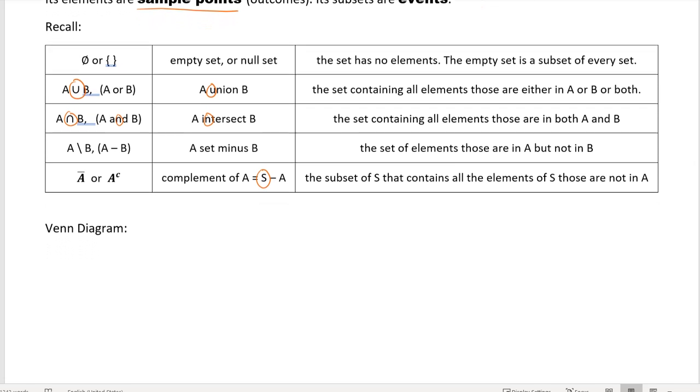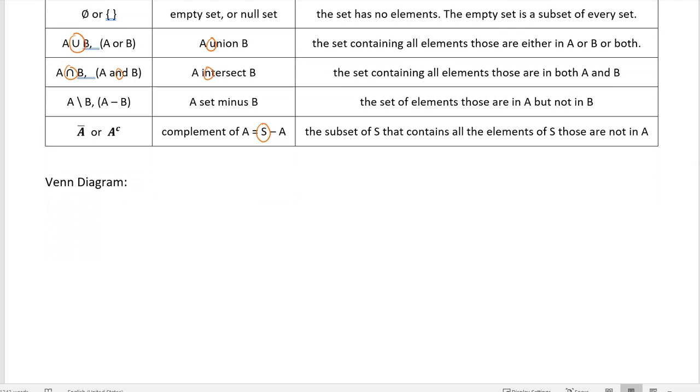Today, let's draw a Venn diagram. So S is the universal set, and A is a subset of S. We can draw it like this. And then the complement, what is the complement?